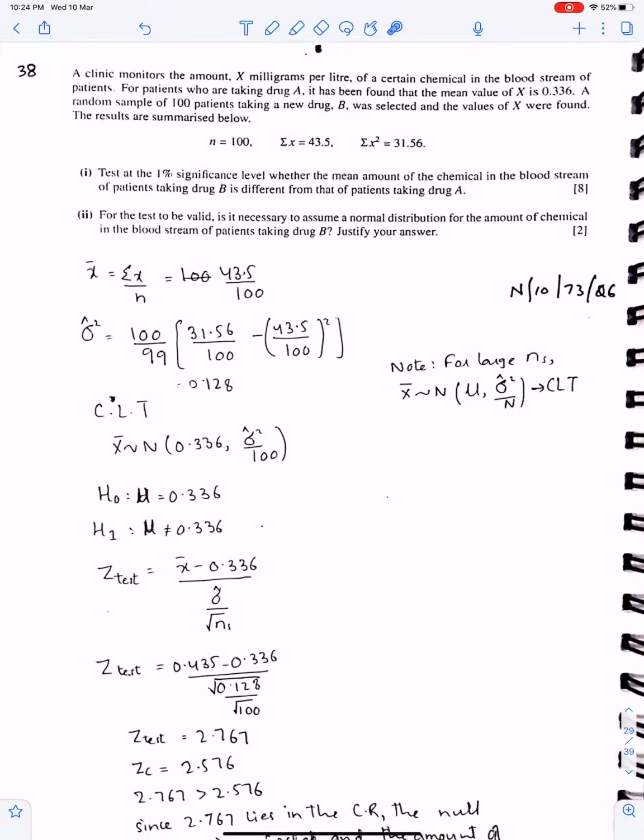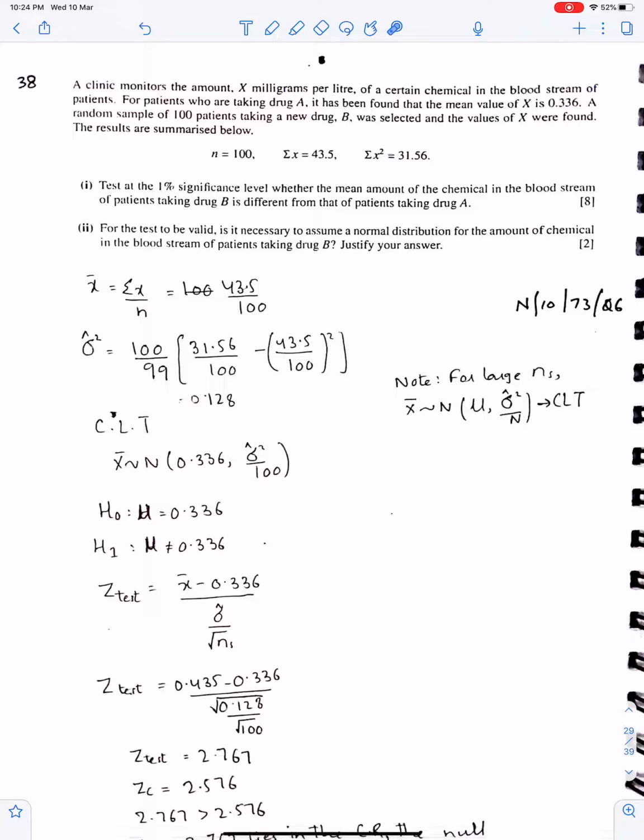Question 38. A clinic monitors the amount X milligrams per liter of a certain chemical in the blood stream of patients. For patients who are taking drug A, it has been found that the mean value is 0.336. This is the mu of normal distribution. When we use CLT, the mu of X bar, in fact.